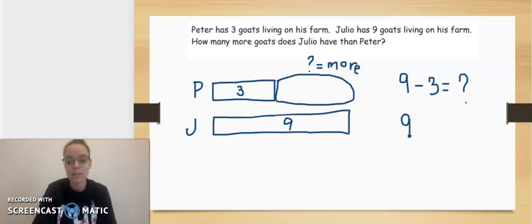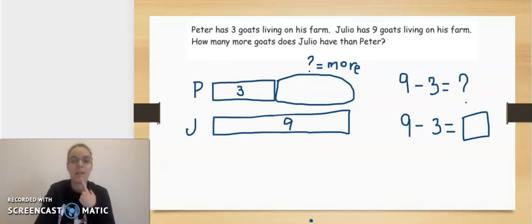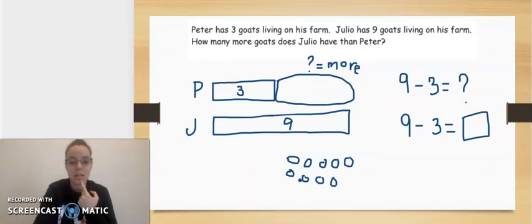Now I need to write my number sentence with the answer. Let me figure that out. 9 minus 3. 1, 2, 3, 4, 5, 6, 7, 8, 9. Take away 3. Oh, the answer is 6.